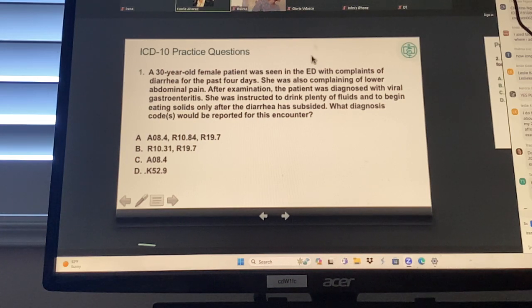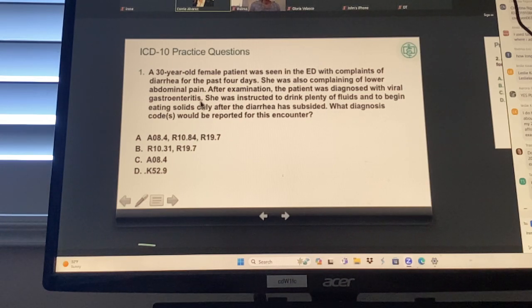So the question here is that the final diagnosis, viral gastroenteritis, if you know gastroenteritis is vomiting and diarrhea are the symptoms. Abdominal pain is also associated with gastroenteritis, and you wouldn't code them separately.